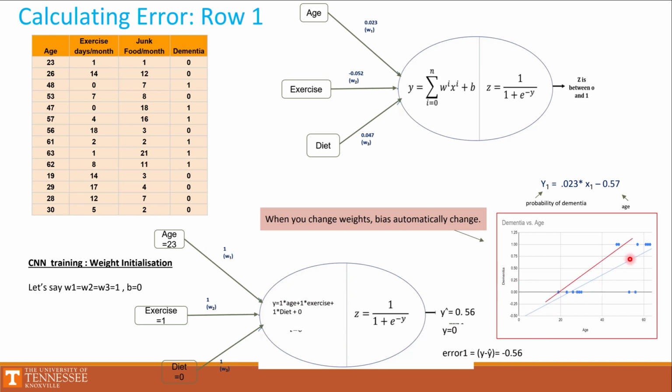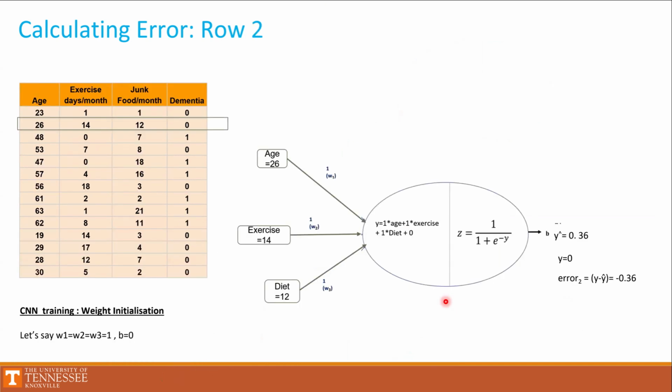Now, that means maybe the weights that were chosen were wrong. And we want to really bring these lines to maybe a red line or any other more suited line for this fit. Now, the same condition happens, absolutely the same one. Now your neural network will take the second row.